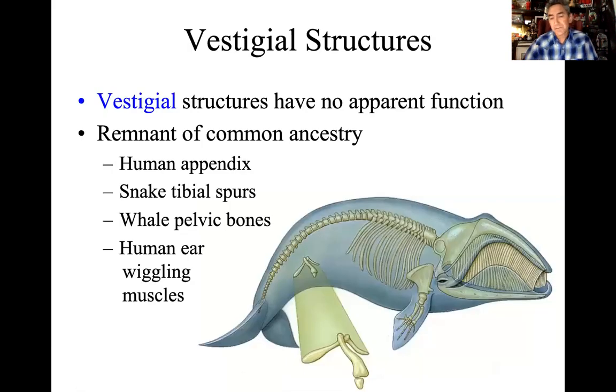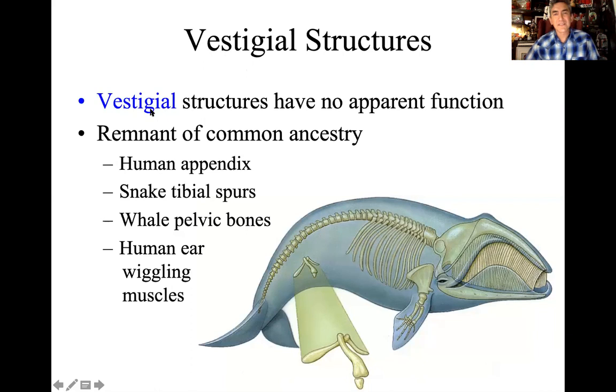So lastly here, still a few more things, but I want to look at how the human body and how other organisms' bodies serve almost as storage organs, storage museums. We are going to look at these ideas called vestigial structures.